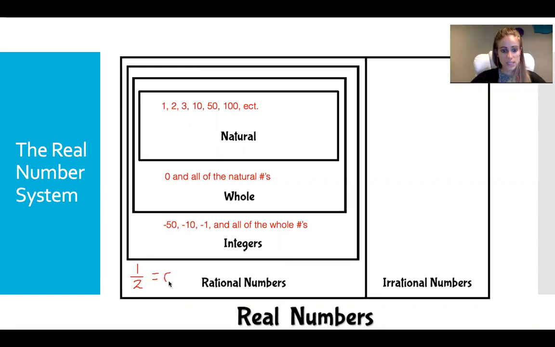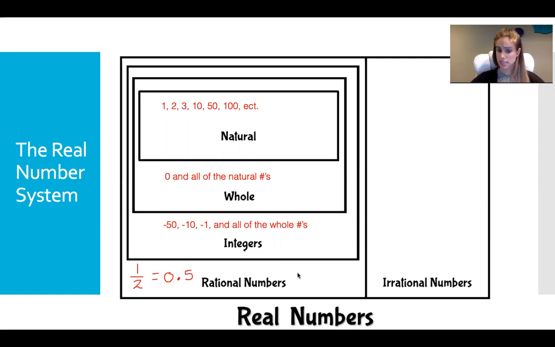Hopefully, you said 0 and 5/10. 0 and 5/10 is a decimal that terminates. It stops, it has a specific value. So any decimal that is a terminating decimal, has a stopping point, is classified as a rational number.